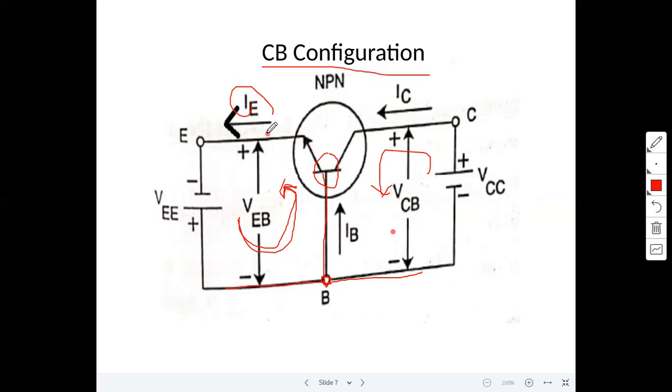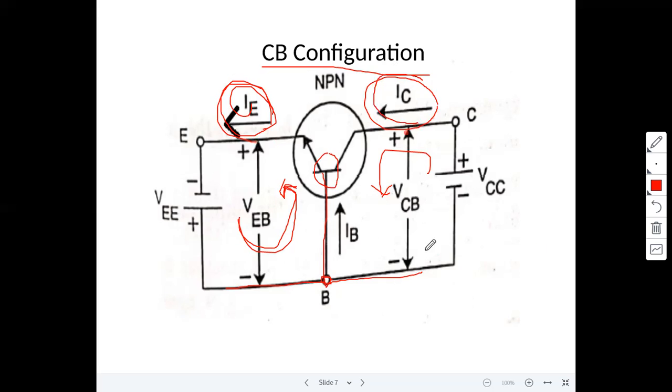Here the input current is the emitter current, and the output current is the collector current.